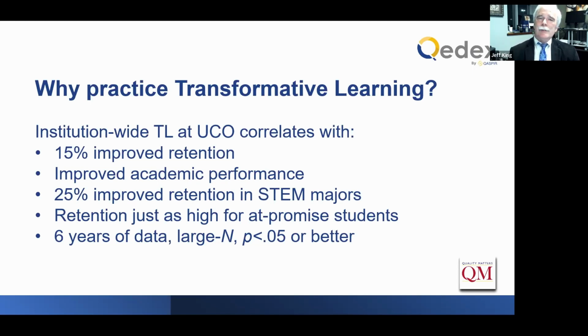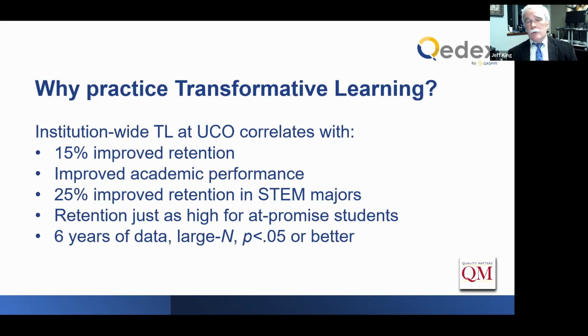Students who engage with Stellar have even higher retention. And it's important to note that this retention improvement is not just for good students. This is for all students, including what we call here our at-promise students, first generation, low income, underrepresented students.